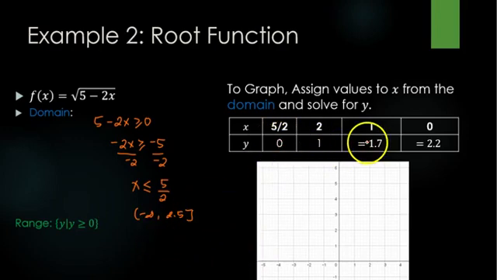And if you look at the values of y, if we substitute 1 here, this will be square root of 3, and it will keep on increasing. So the range would be y greater than or equal to 0, that is from 0 to positive infinity. And if we do the graph, this would be a parabola that opens to the left.